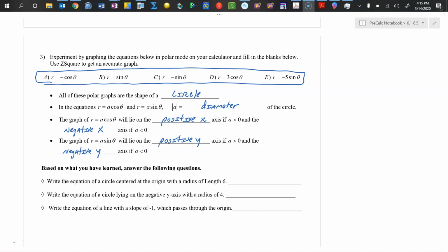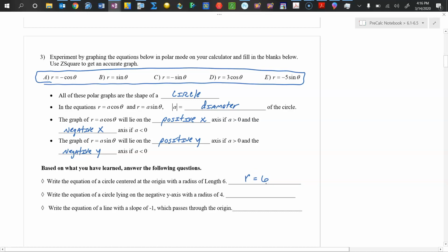All right, so let's write some of these equations for these specific situations. We want the equation of a circle centered at the origin with a radius of length 6. So that would be similar to our original problem where we were just graphing r is equal to a specific value, and there r was equal to the radius, so r is equal to 6.